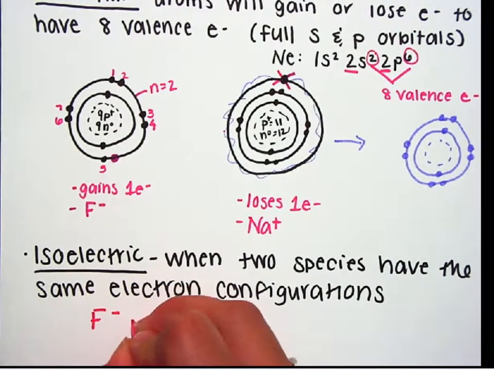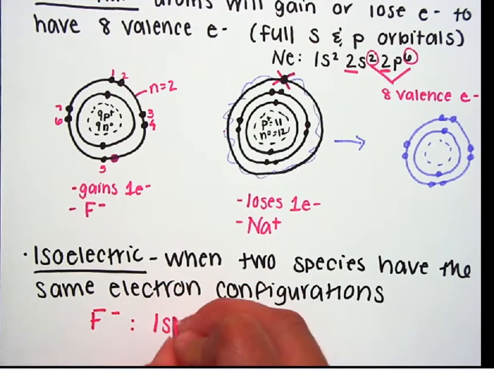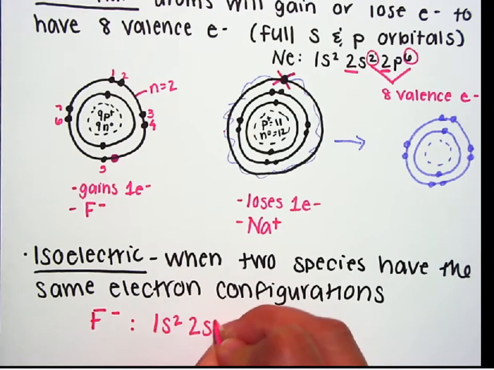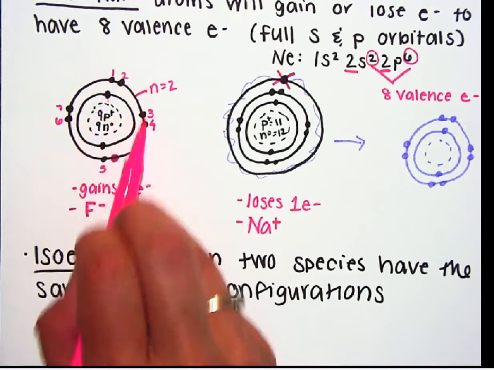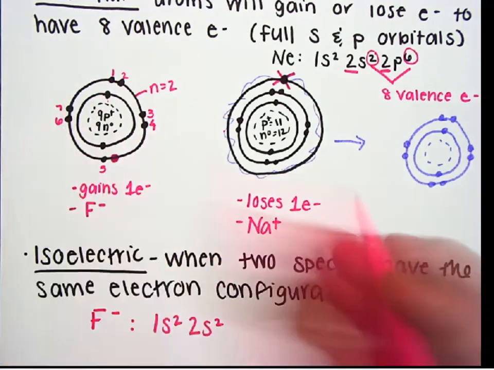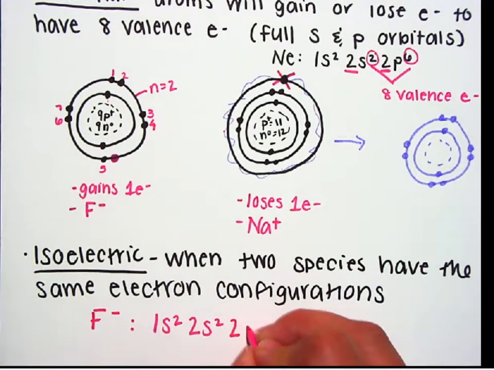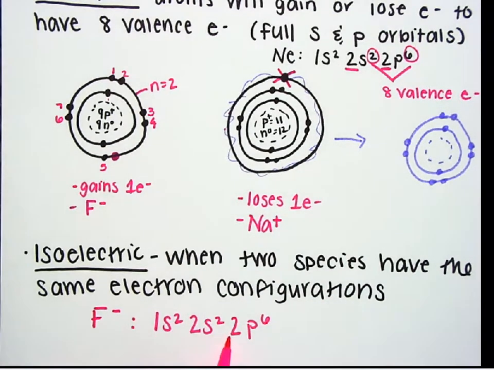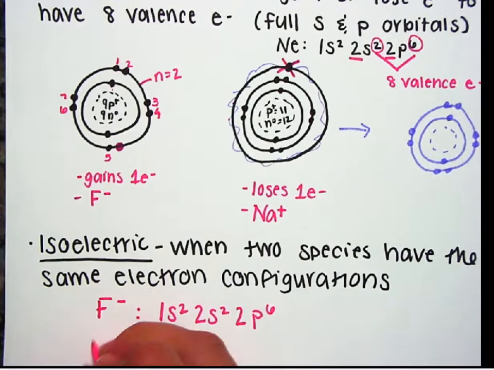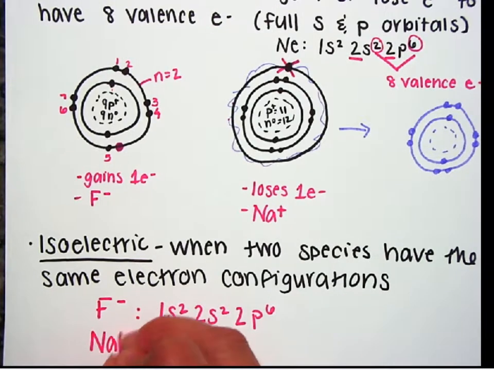So when fluorine gains an electron, it now has 1, 2, 3, 4, 5, 6, 7, 8, 9, 10 electrons. Its electron configuration would be 1s2, 2s2, 2p6. Well, sodium as an atom has 11 electrons.